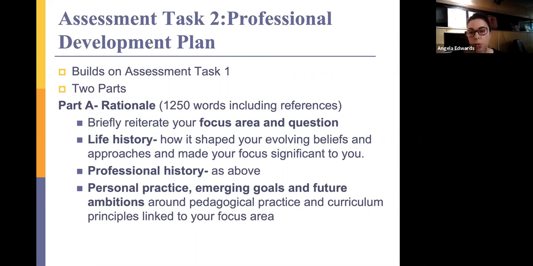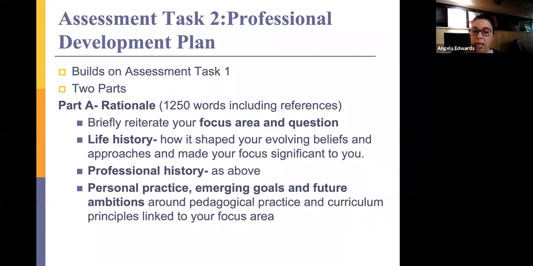The second section asks you to reflect on your professional history. So what led you to the teaching profession, or even possibly to your study of teaching if you haven't quite got there yet, your current working life, or possible future working life when you do become a teacher, what you might imagine that would be, your teaching context, if that is applicable, your teaching role or possible roles, and the age group that you're working in or might like to work in.